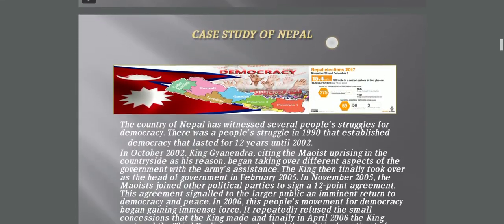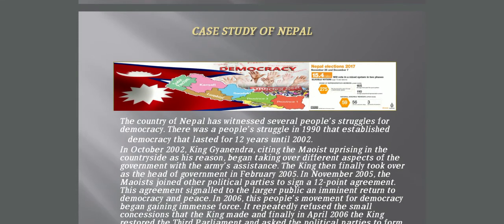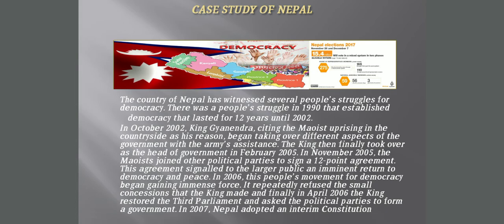Now further, this is the map of Nepal, and in Nepal there are different districts, and the results of 2017 are also depicted. But overall, the establishment of democracy was not at all easy in Nepal, because the monarchy was not willing to give its powers to the democratic government.